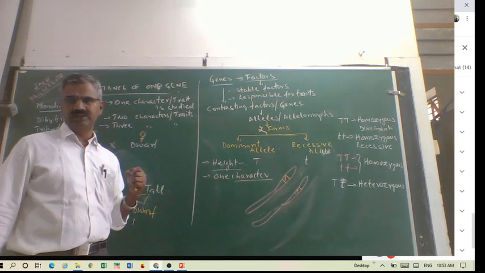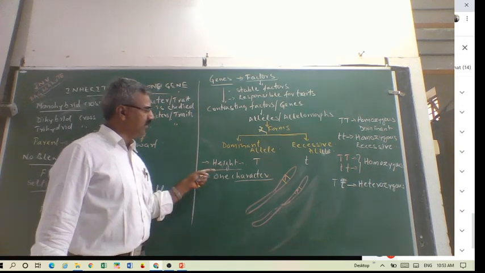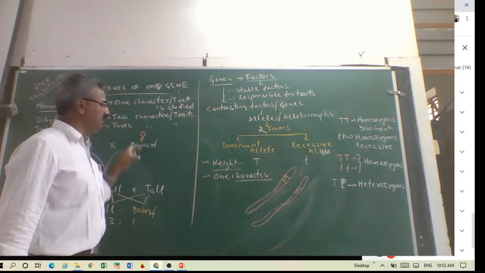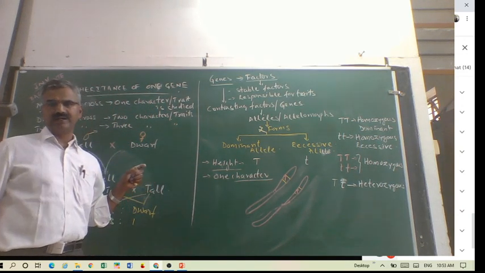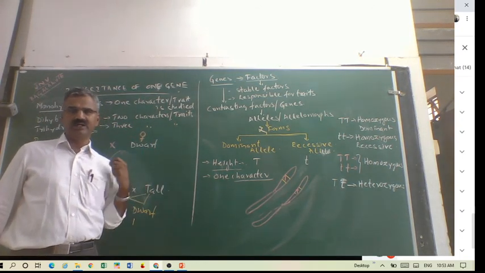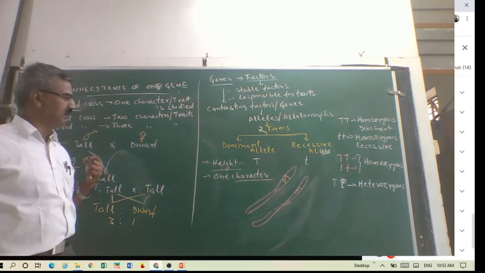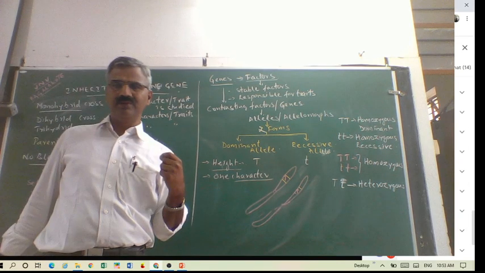With this background, we will be able to discuss how one gene is responsible for one trait, or how one gene is inherited from parent to the offspring. That we will take up in the next class only. It will not be possible to complete it now, so we will take up that issue in the next class.